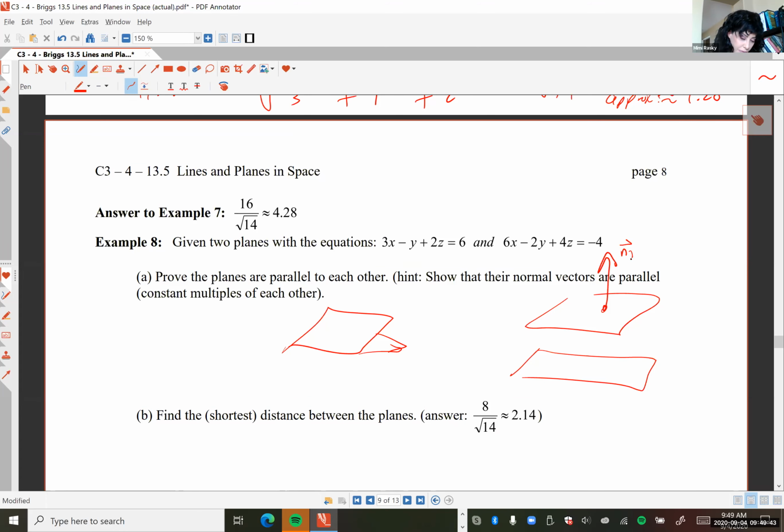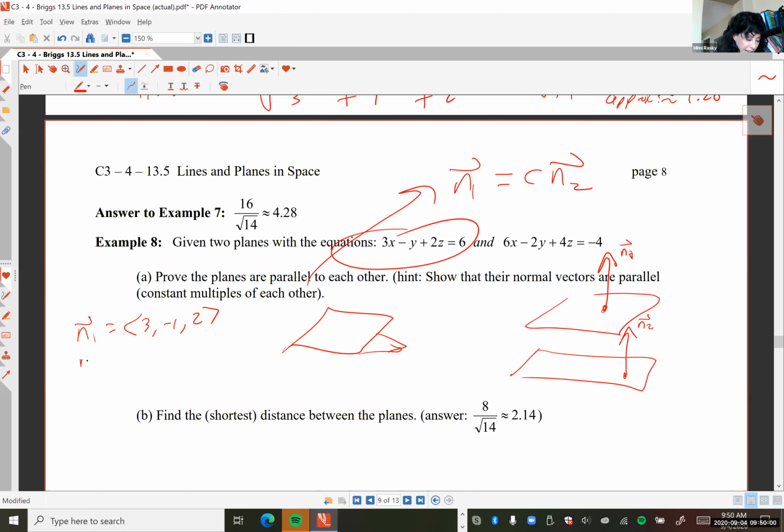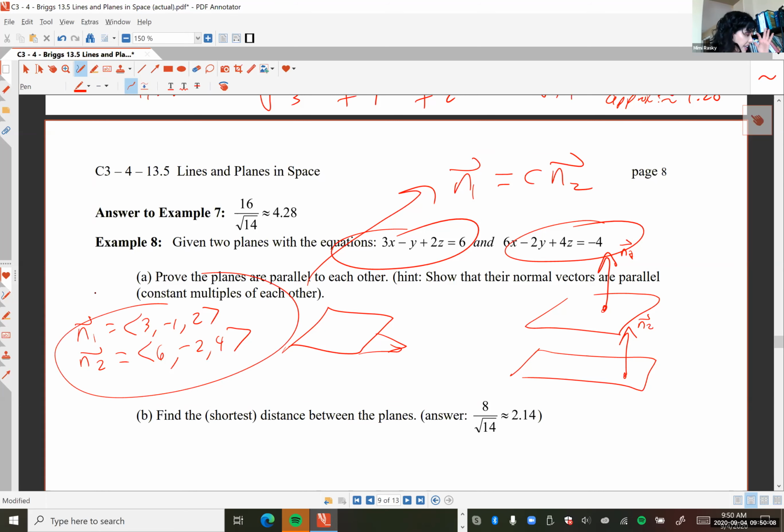They're multiples of each other? What's multiples of each other? The normal vectors? Very good. So you're going to prove that n1 is a multiple of the other normal vector, okay? And I hope that you can see that if you cherry pick the normal vector from the first plane, you get that vector. And when you cherry pick the coefficients of the variables on the second, I hope you can see those are, in fact, multiples of each other.